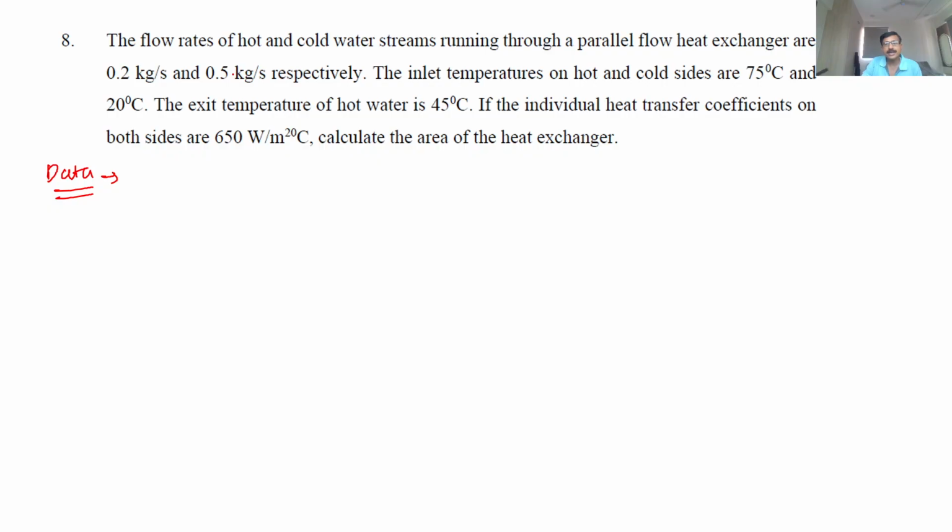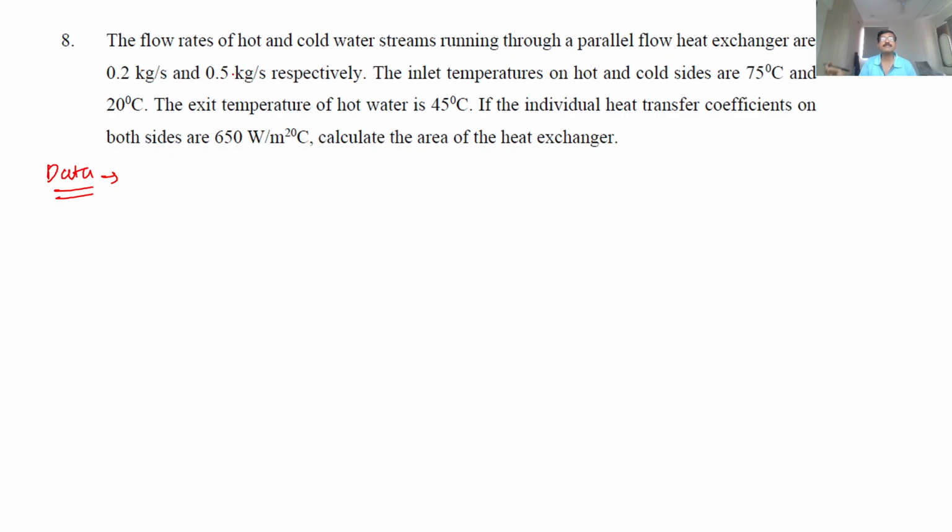But if condenser and evaporator is not mentioned and only parallel flow or counter flow is mentioned, you need to draw the proper temperature profile. So that is a very important step. Again recall, what is the first step in a heat exchanger problem? Try to understand or identify what type of heat exchanger it is. Is it parallel flow? Is it counter flow? Or is it condenser? Or is it evaporator?